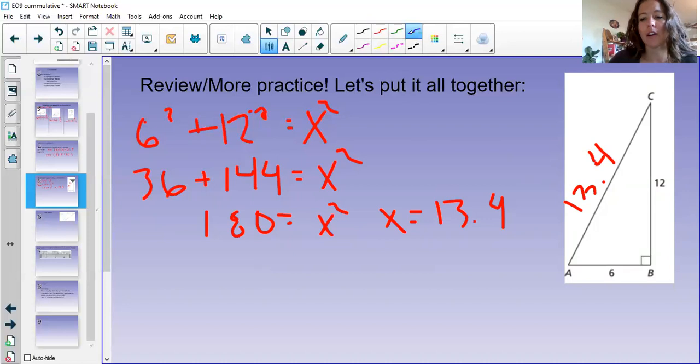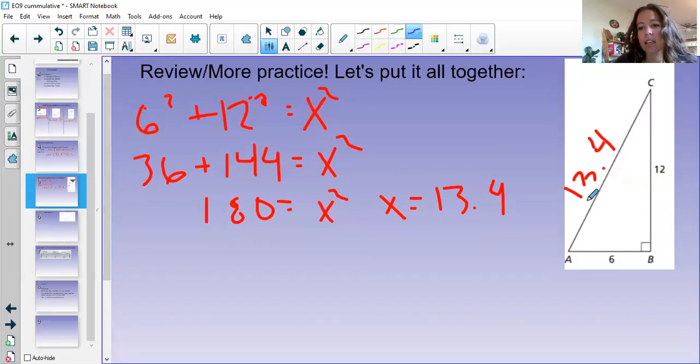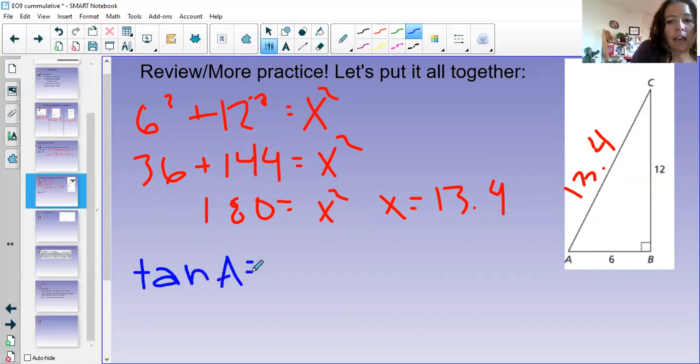Now I have to figure out those other angle measures. And there are a few ways you could do this, right? Because we have all 3 sides, you could pick which trig function to use. Let's see if we can focus on A first. Sure, let's do tangent, why not? If I say that the tangent of A is opposite over adjacent, so I'm going to look at my A, go across, that's 12, and my adjacent is 6.